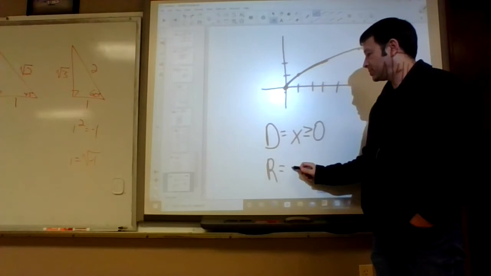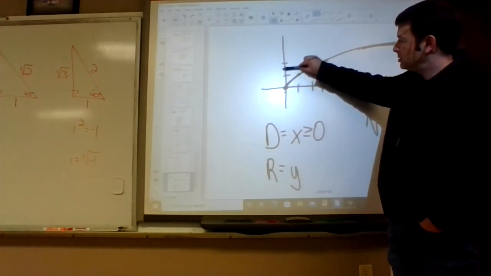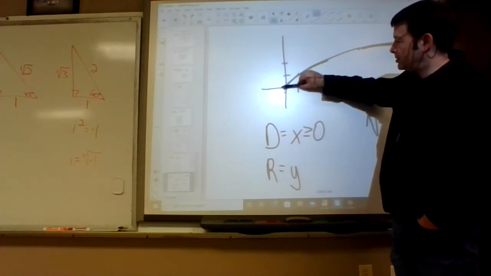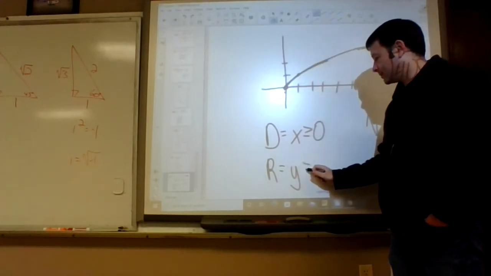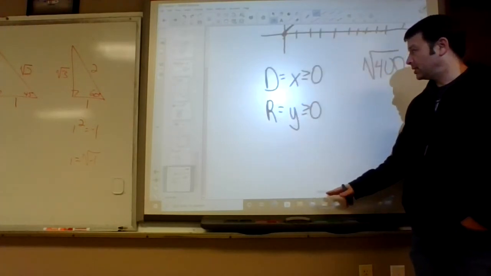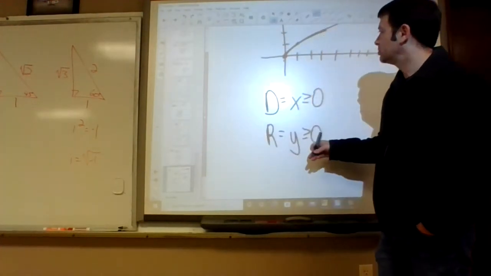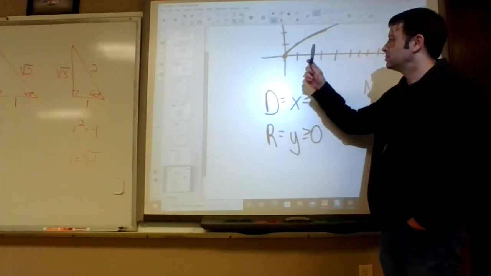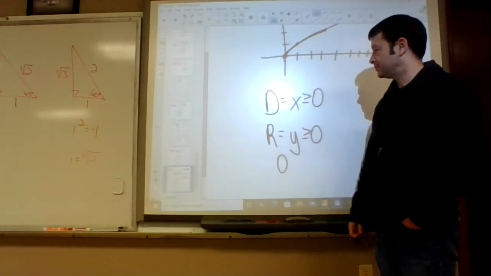What's the range? Greater than or equal to 0. Yeah, same thing. 0 is as low as it goes, and it goes up forever. And what are the zeros of the function? 0.